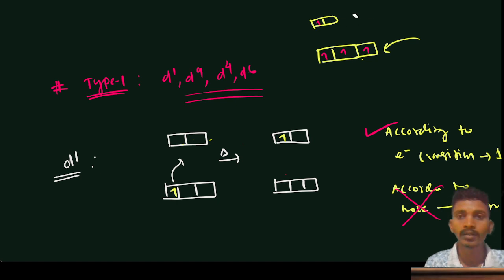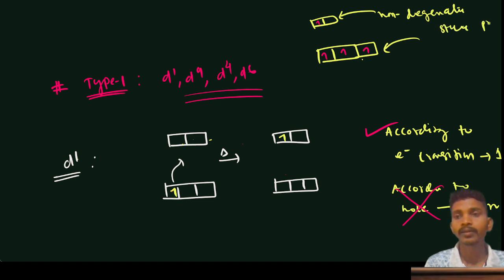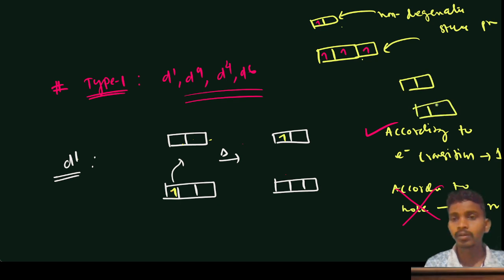So here non-degenerate state is present. Here all are degenerate. Okay, and in this case, another example if I talk, here all are vacant, but here electrons are there, but here no electron is there.